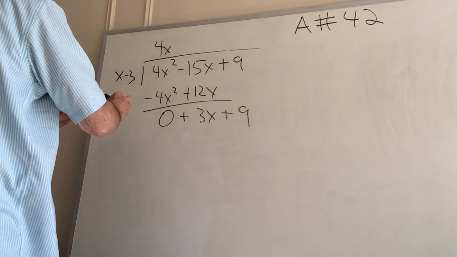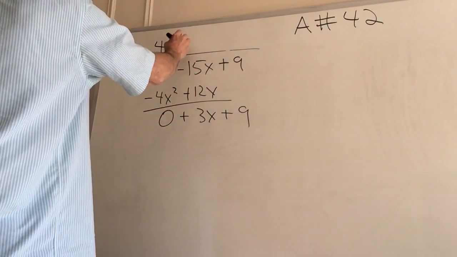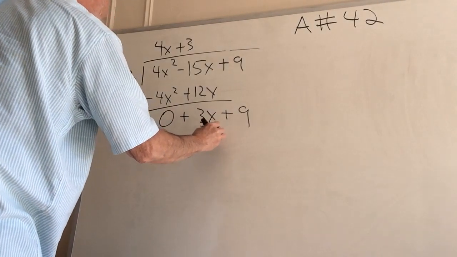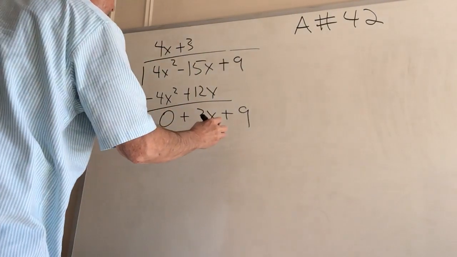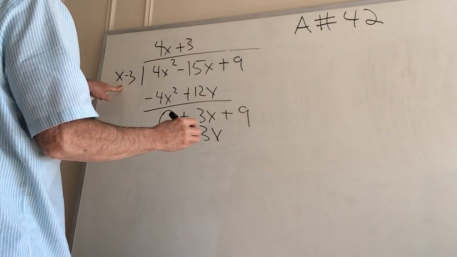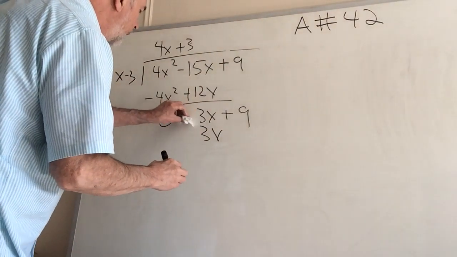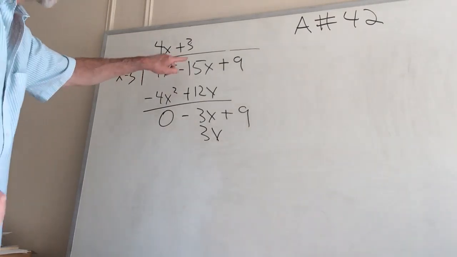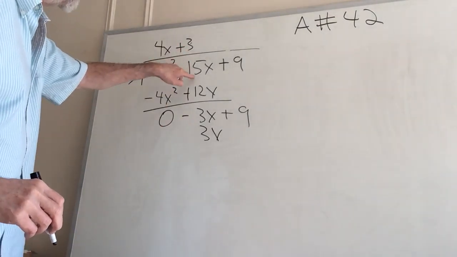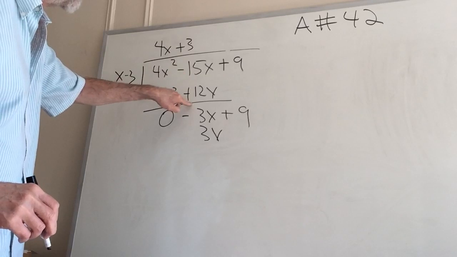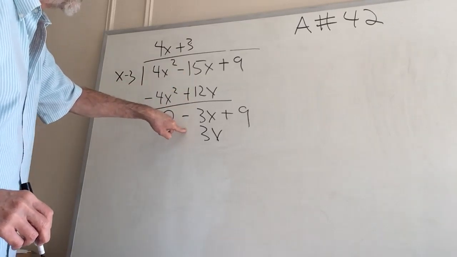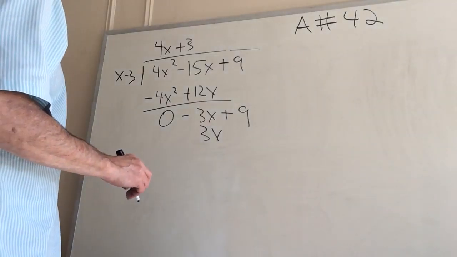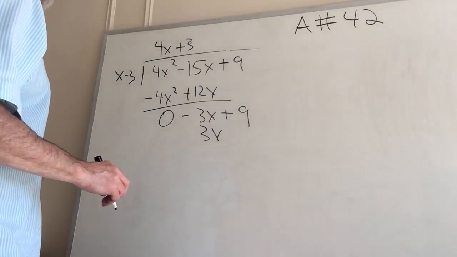There's 0 plus 3x, plus 9. Now I go x into 3x, goes 3 times, check. 3 times x is 3x. 3 times negative 3. Whoa. Oh, this is negative 3. See how I caught myself when I made a mistake? You should look at that, because I was going to get a remainder, but notice that negative 15 is bigger than positive 12. So that turned out to be a difference. It's checking the math, for mistakes that I'm famous for making. So let's do that again.